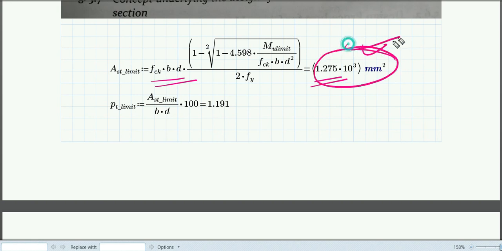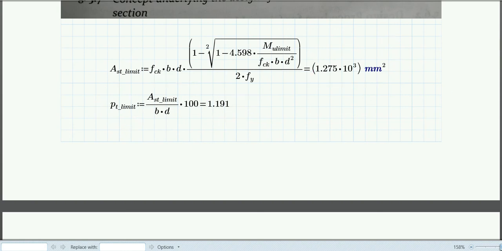This is the AST limit, or you can convert it to a percentage of steel, AST by BD into 100, that is 1.191%. This much steel you have provided corresponding to the AST limit.